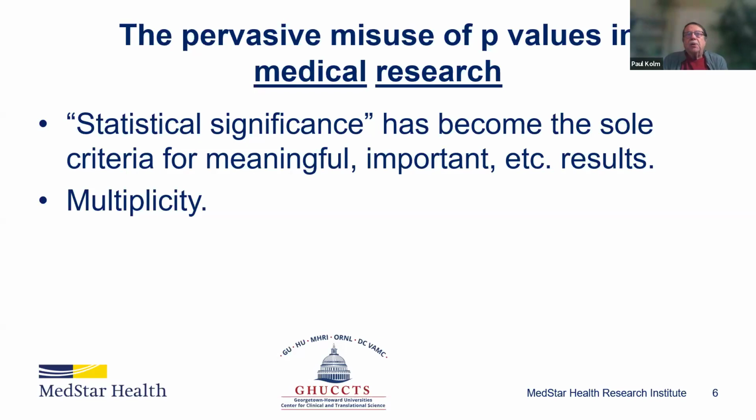And what I want to show, that's just one element of finding meaningful or important results. And then the other one that I want to talk about is multiplicity, that is doing multiple hypothesis testing where you have p-values for a large number of variables.